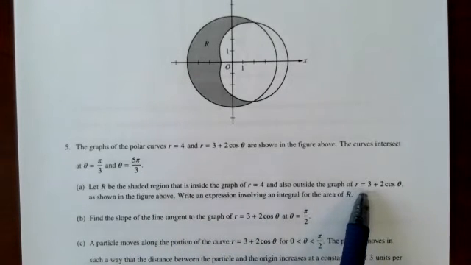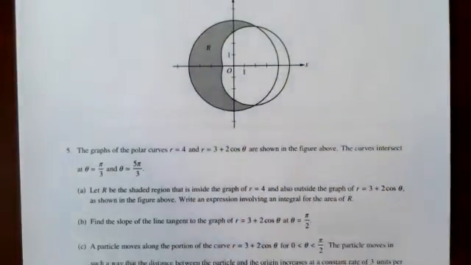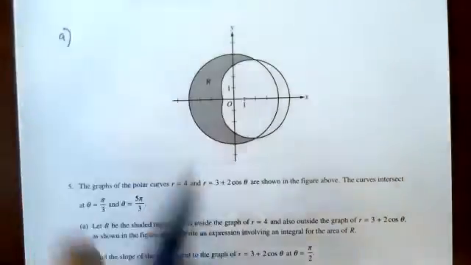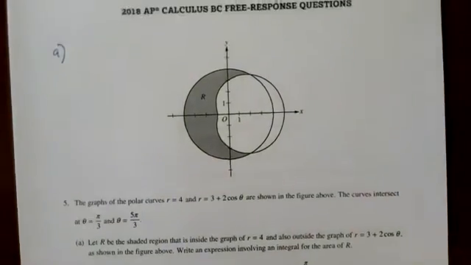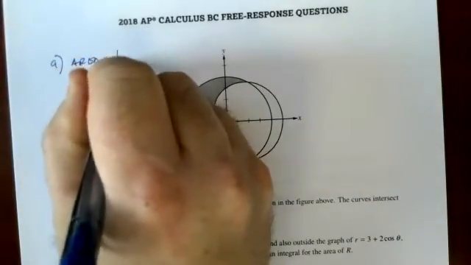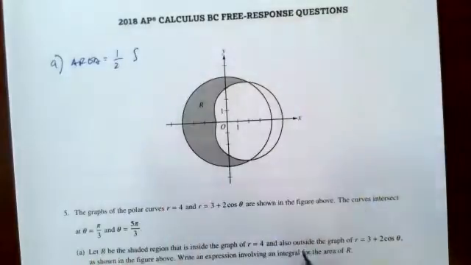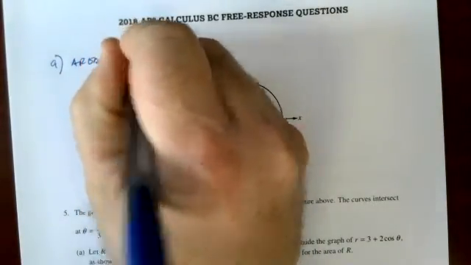Also outside the graph, r equals 3 plus 2 cosine theta. All right, so the circle's farther out than the inside. So unless I am mistaken, we're looking at one half integral from pi over 3 to 5 pi over 3.